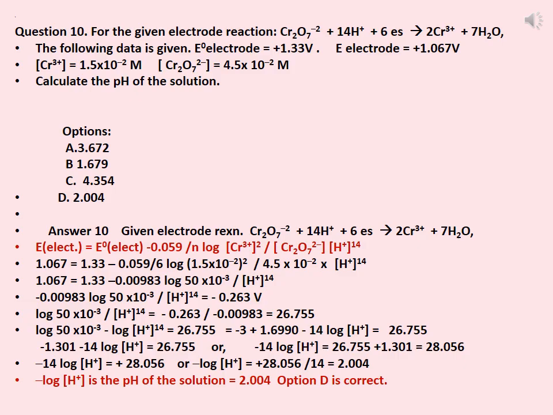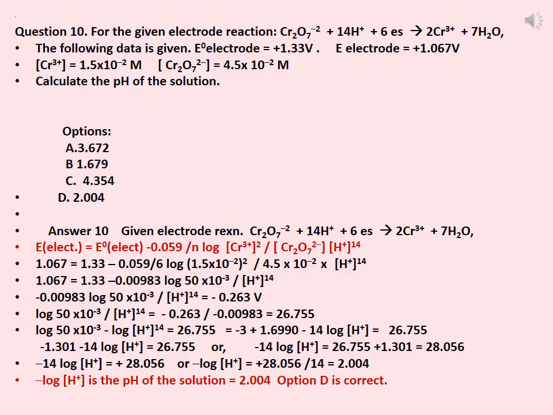So log of 50 into 10 power minus 3 divided by H plus ions is equal to minus 0.263 divided by minus 0.00983. After dividing minus 0.263 by 0.00983, minus and minus get cancelled, we get 26.755. Therefore, log 50 into 10 power minus 3 minus log H plus ion concentration to the power 14 is 26.755.